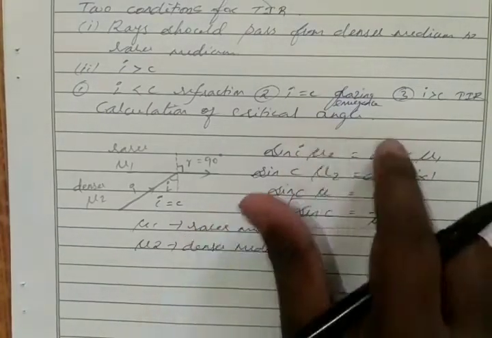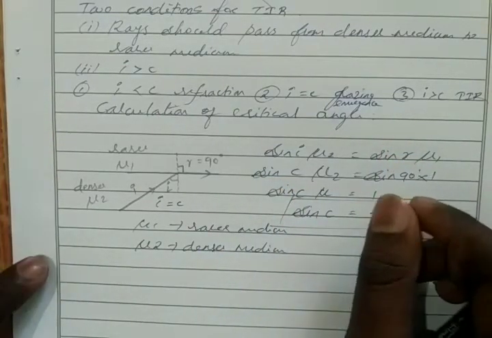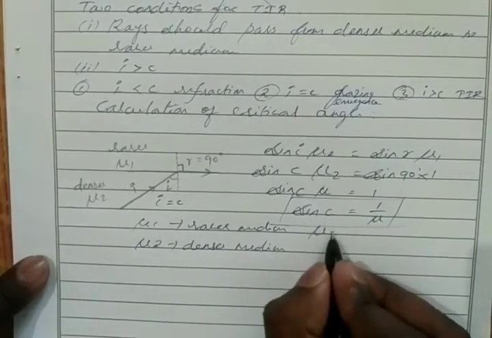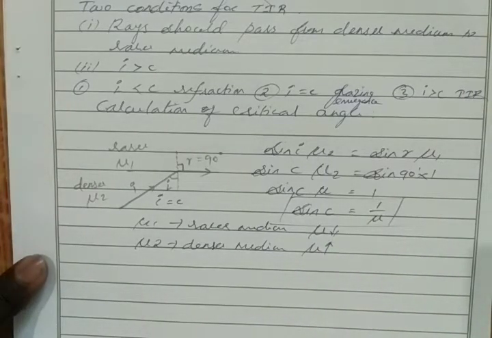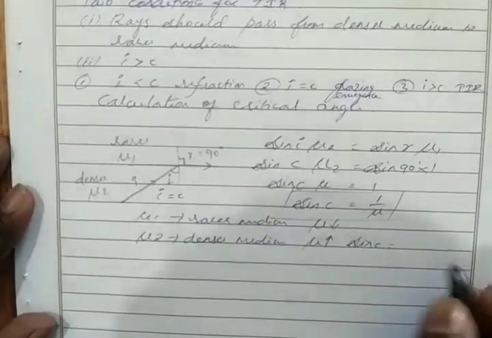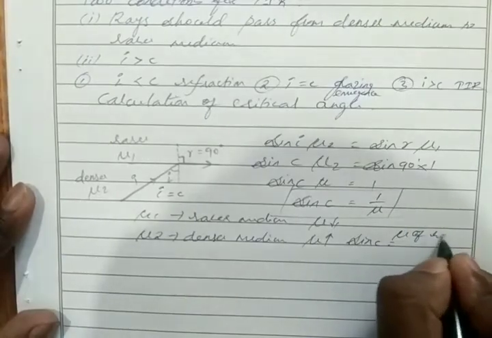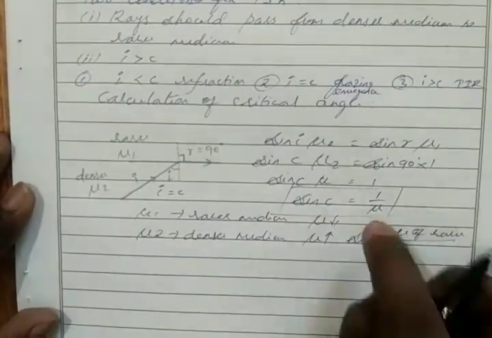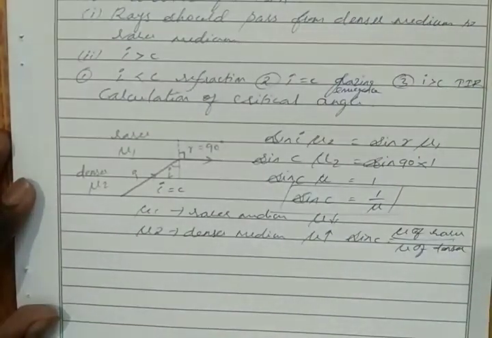From this formula we can say sin C is the smaller refractive index divided by the bigger refractive index. The small refractive index is rarer medium, the bigger refractive index is denser medium. So sin C is the refractive index of rarer medium, that is 1, divided by the refractive index of denser medium, which we don't know.